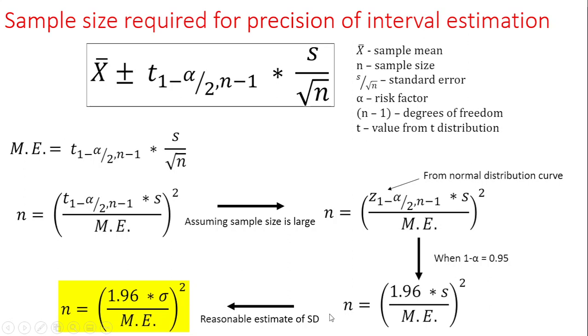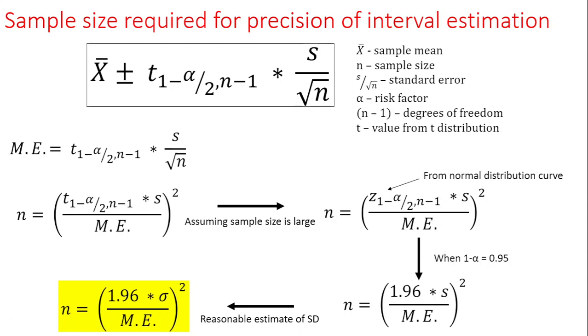From your prior experience, in case you have a reasonable estimate for the standard deviation of the population, you can replace s by sigma. Now with this equation, depending on the precision that is required, you can determine the sample size that is required for doing the interval estimation.